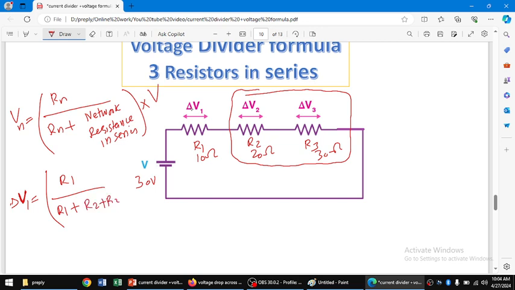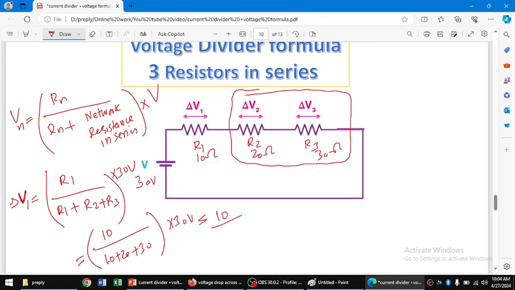We multiply with the source voltage, 30 volts. So V1 is 10 divided by 10 plus 20 plus 30, multiplied by 30. That is 10 divided by 60 multiplied by 30, which gives us 5 volts.